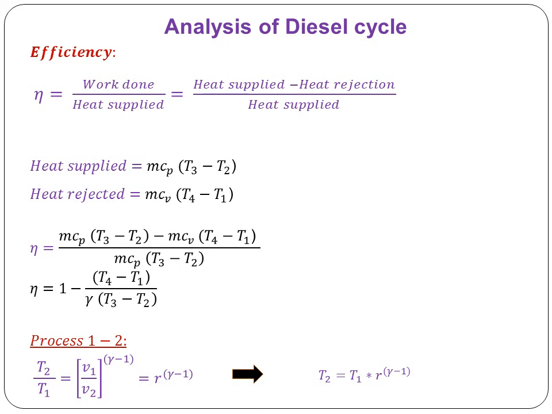So before the heat addition, the temperature was T2. At the end of the heat addition process, temperature is raised to T3. So delta T is T3 minus T2. So mCp into delta T, that gives us heat supplied. Similarly, heat rejected is again at constant volume. So this is mCv into delta T, which is mCv into T4 minus T1.